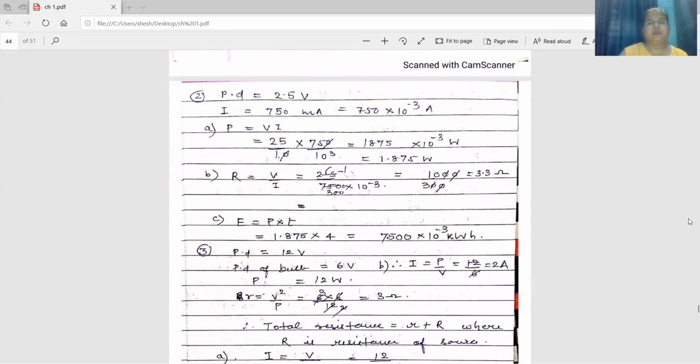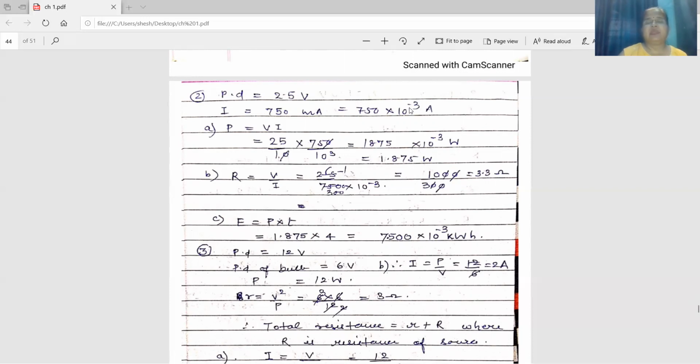See here, the potential difference is given as 2.5 volt, and I is 750 milliampere. Convert it into ampere: 750 into 10 to the power minus 3 ampere. In A, you are asked to find out power. Power equals V into I. In place of V, you can write 25 by 10, into 750.